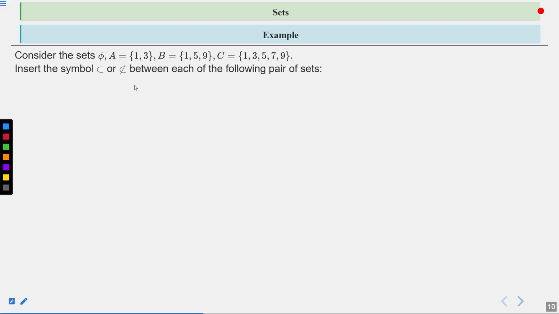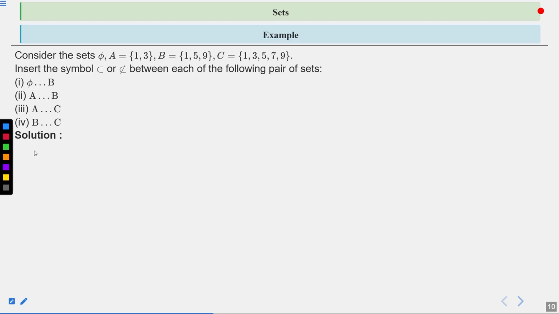Now, we have to insert the symbol of subset or not subset between each of the following pairs of sets. First one is phi blank B. Second one is A blank B. Third one is A blank C. Fourth one is B blank C.